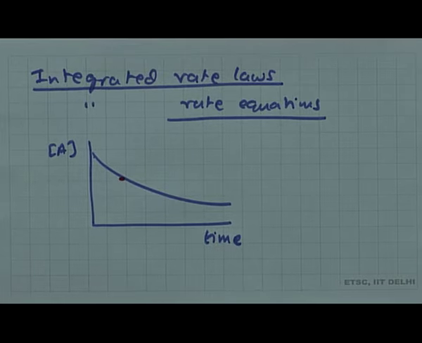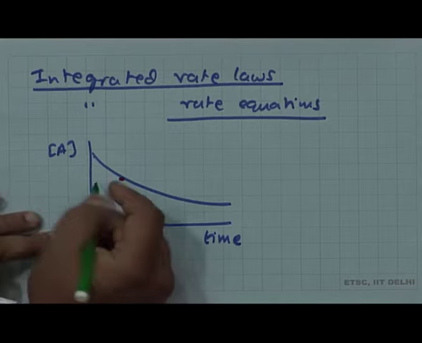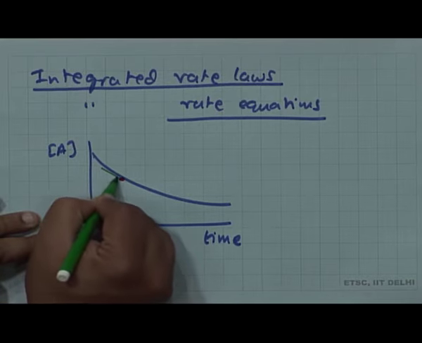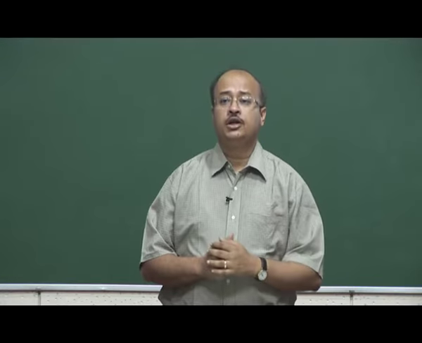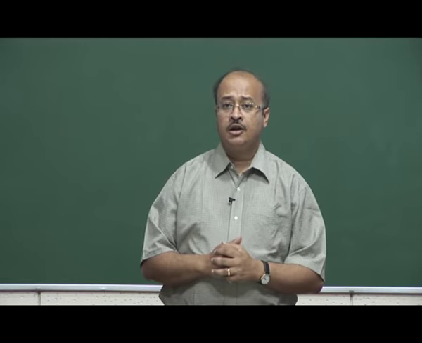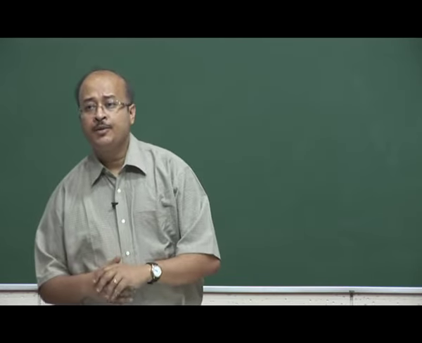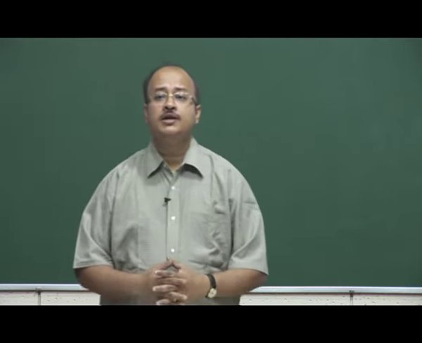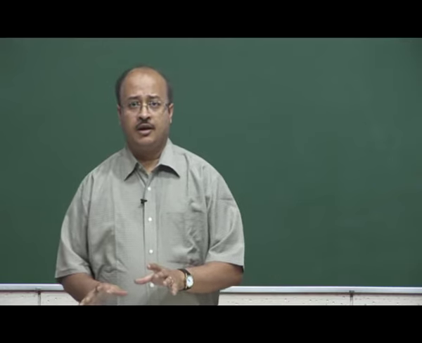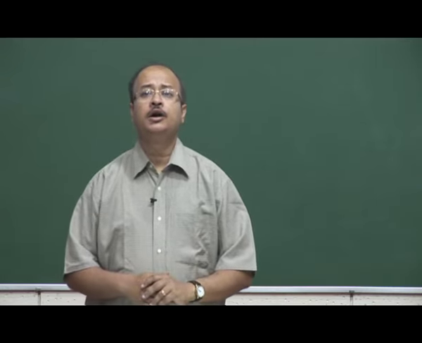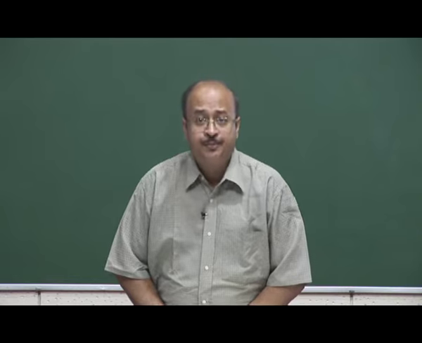What I would do is I would draw a tangent and then try to find out the instantaneous rate. But then the problem is that how accurately you draw the tangent will determine how accurately you figure out the instantaneous rate. That is why this is not the preferred way of doing it all the time.